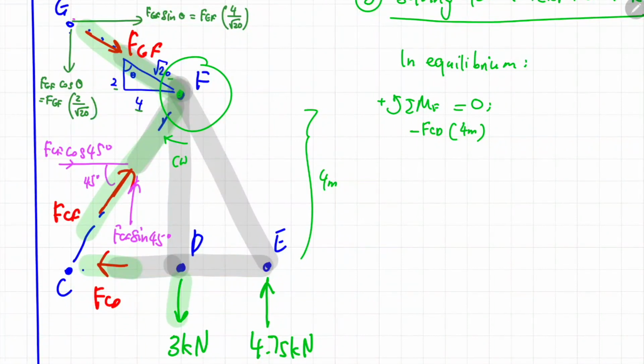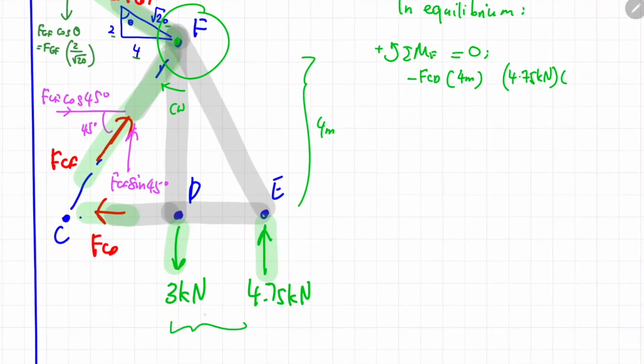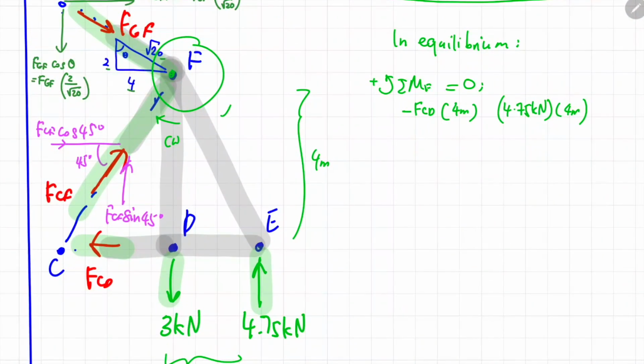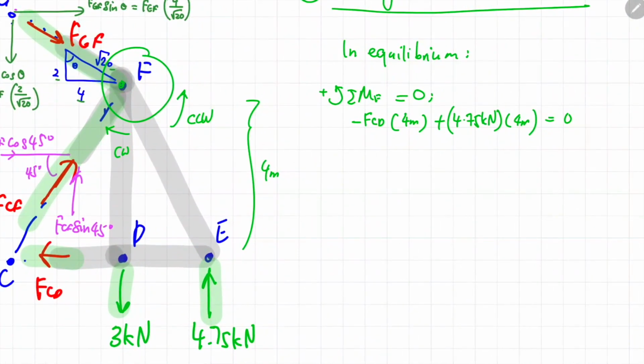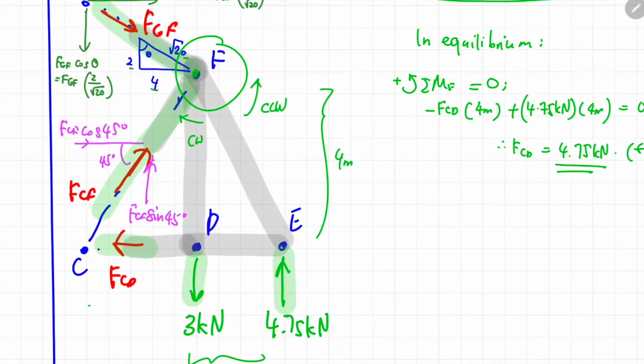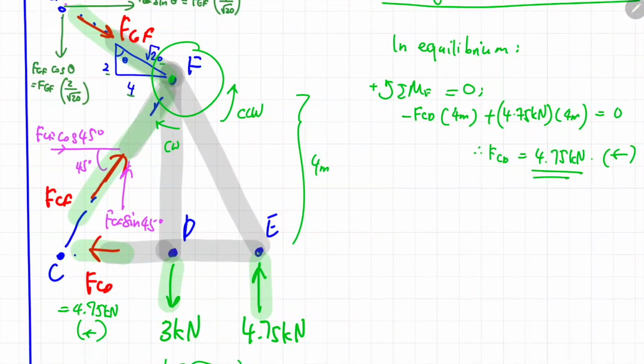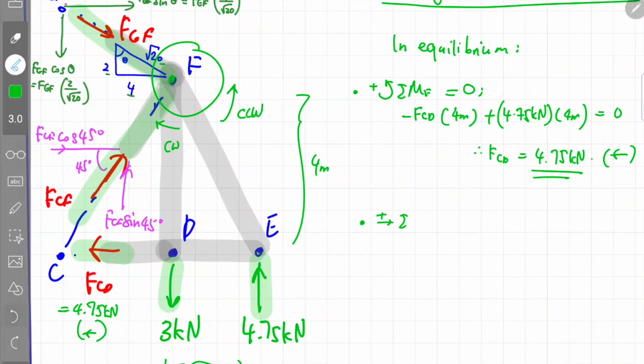Try to complete the remaining moment equation on your own, and there will be only one variable left, which is FCD. You can simply solve for FCD to be 4.75 kilonewton, and the direction is to the left. Now I'm going to apply the equilibrium condition in the x direction.